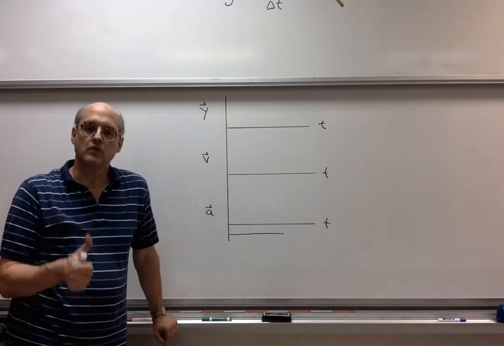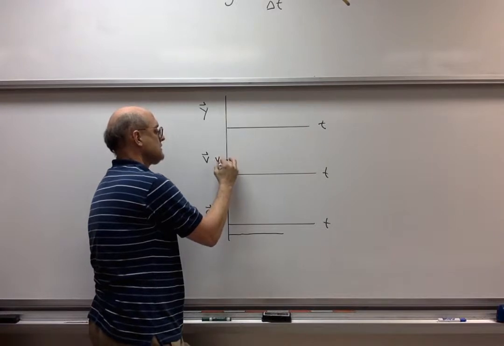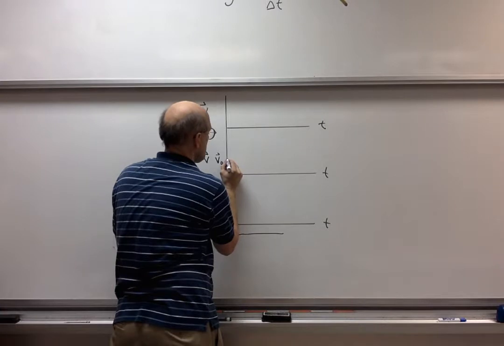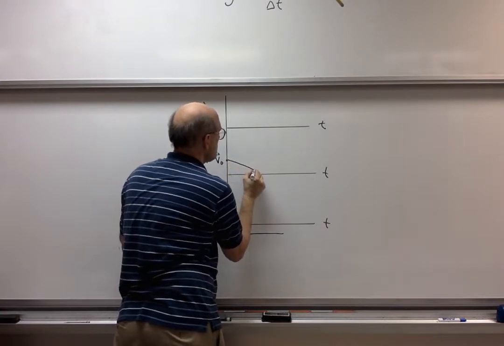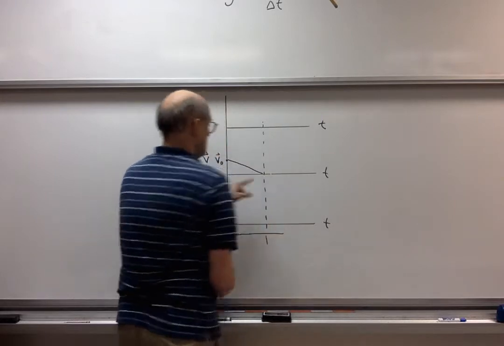Velocity. The ball is thrown upward, so it starts with an original velocity, VO, slows down to rest. So a straight line at an angle drawn to the t-axis.